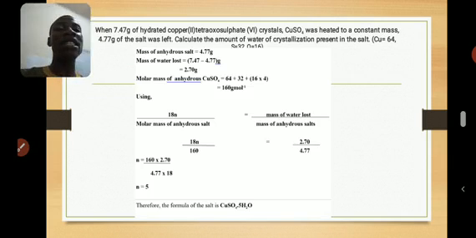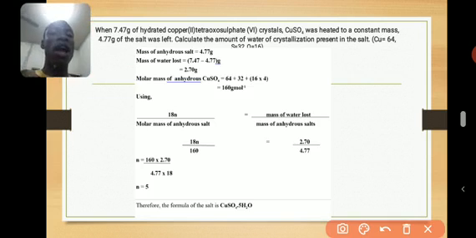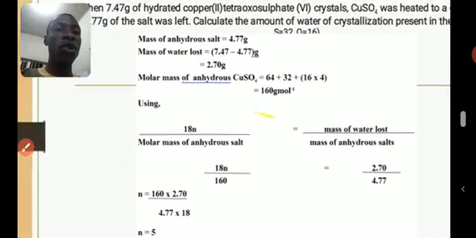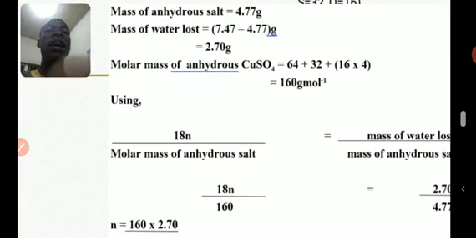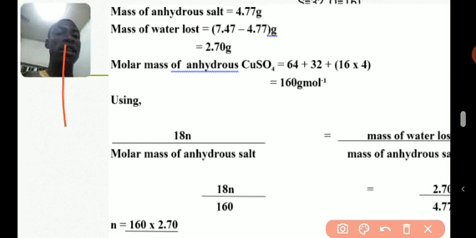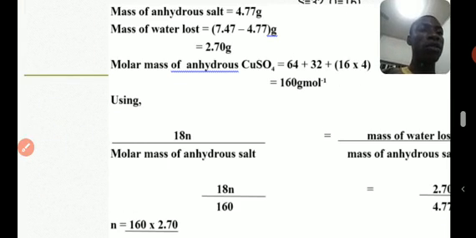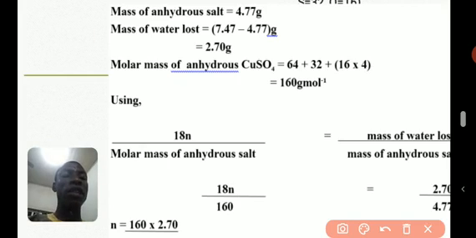Now let's see how that is solved. Let me zoom in for you so that you can see very well. Now these are the parameters that you will need. What is the mass of the anhydrous salt?